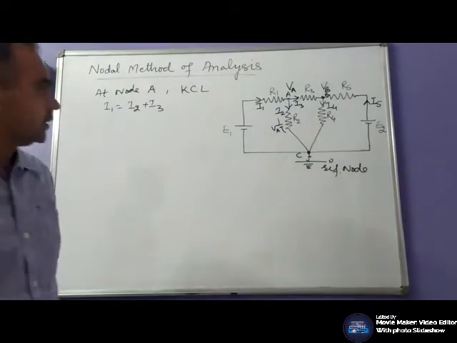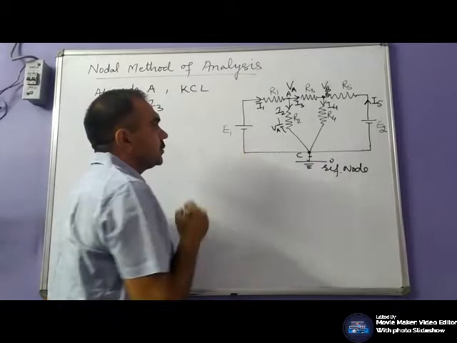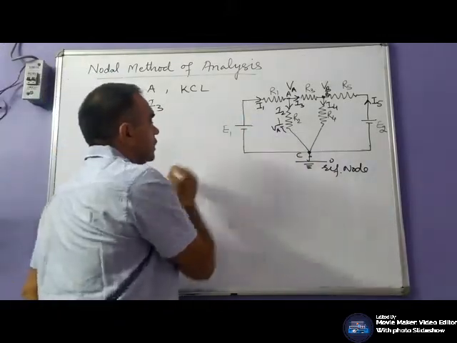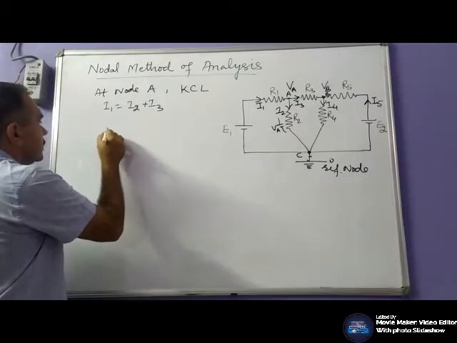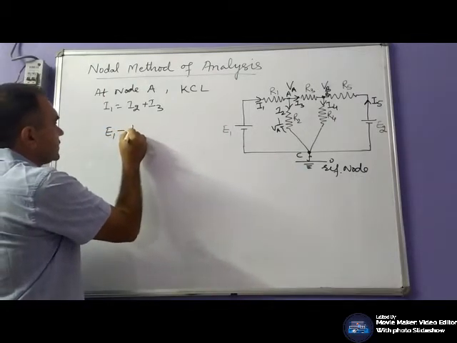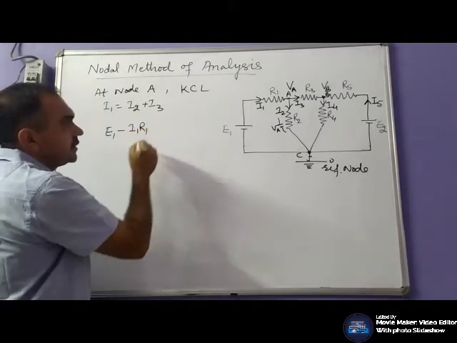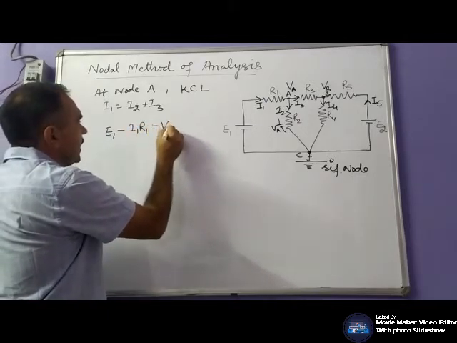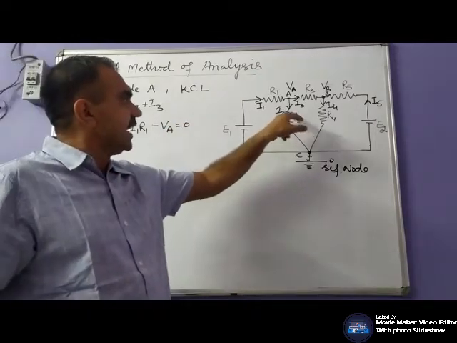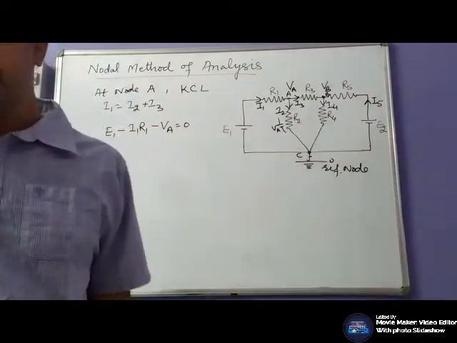Now use this loop and apply KVL: E1 minus I1 R1 minus VA is 0.